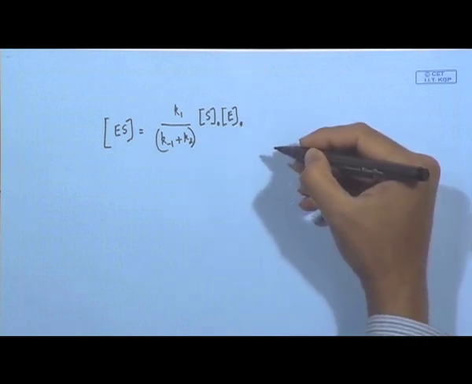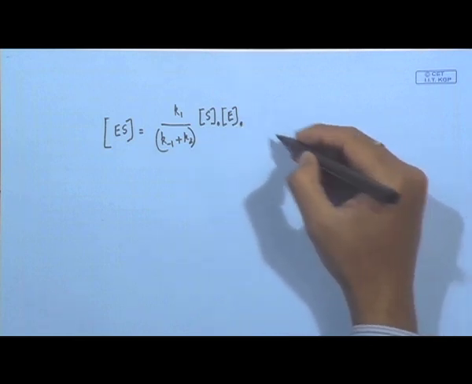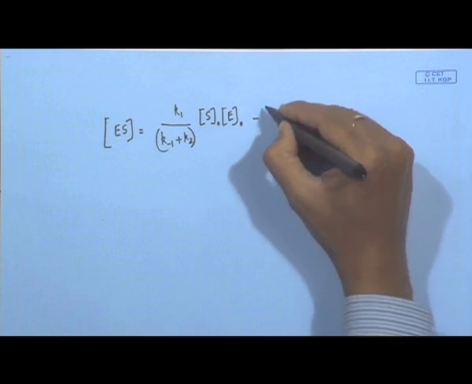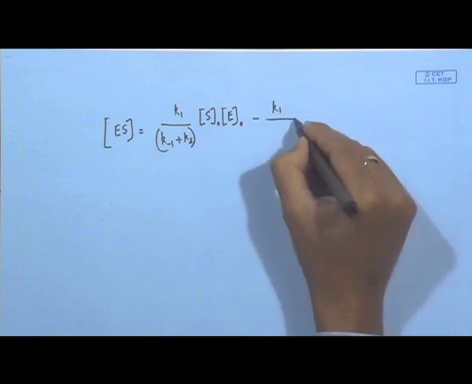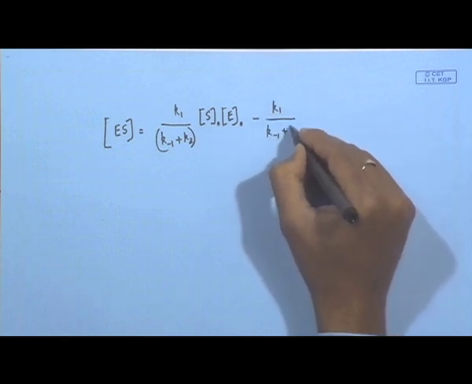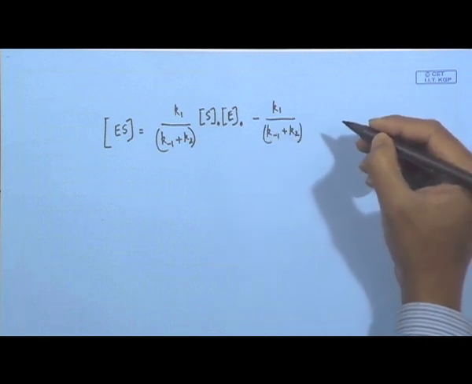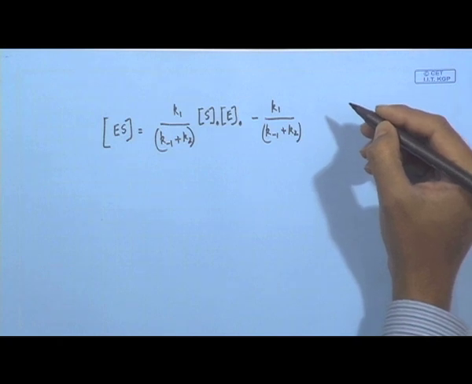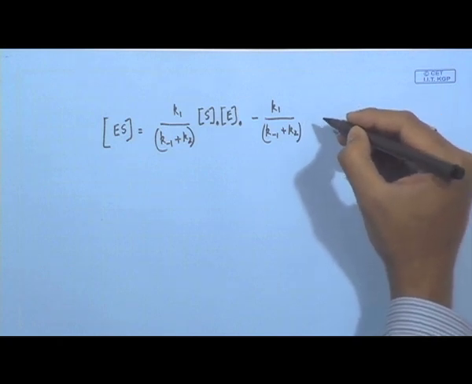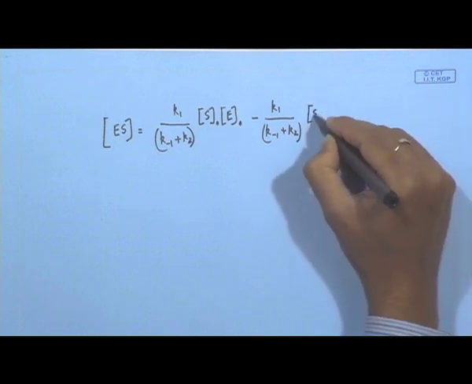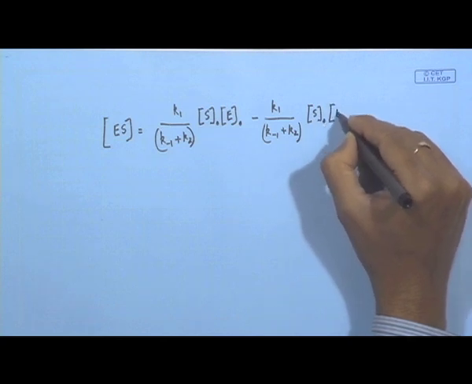This is one term. Another term will be minus K1 by K minus 1 plus K2, with a minus sign, then S0 into ES.